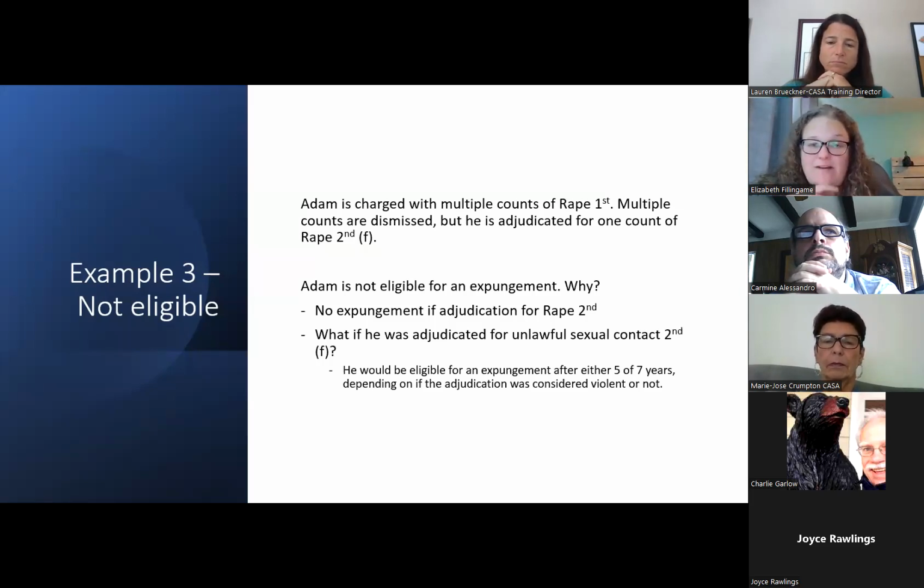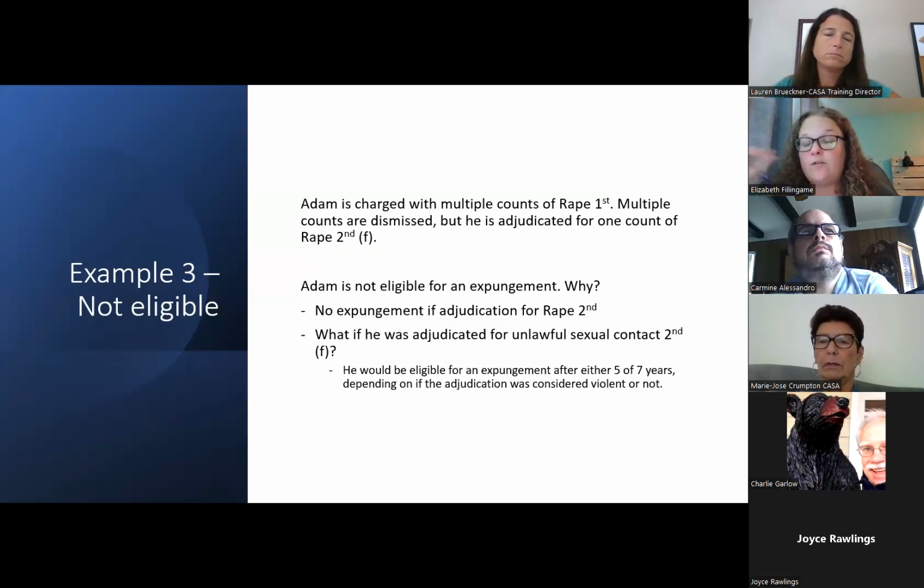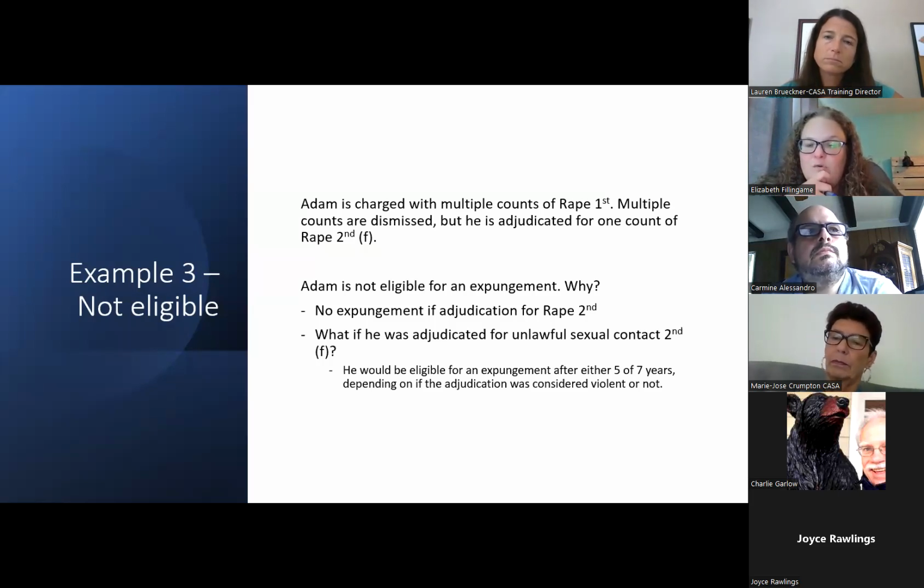That's fine. It was significant, but we'll take a plea deal to unlawful sexual contact second, as opposed to rape second, because we know that we can get that expunged down the road, right? So a public defender who is really advocating for their client will be advocating in that kind of capacity.